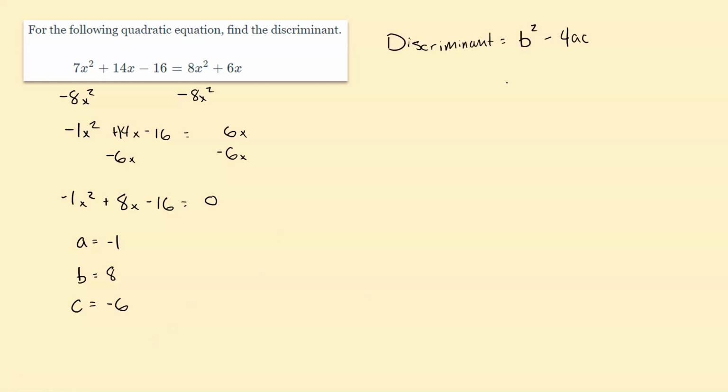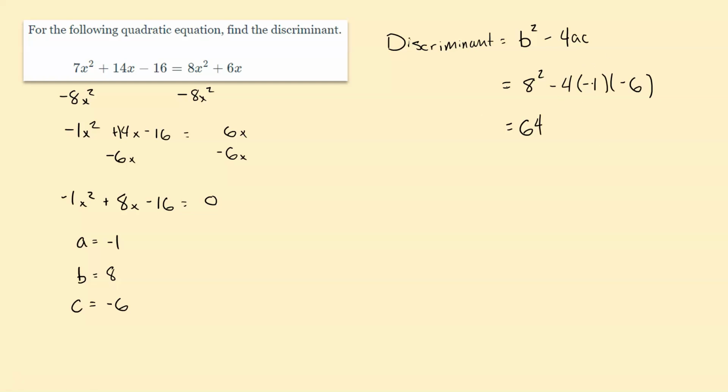So in our formula, we have b squared. B is 8, so 8 squared minus 4 times negative 1 times c, which is negative 6. So we've got to be careful about our negatives. First thing, 8 squared is 64. And then we have negative 4 times negative 1 times negative 6. So that is going to be a negative times a negative times a negative, which is negative, right?